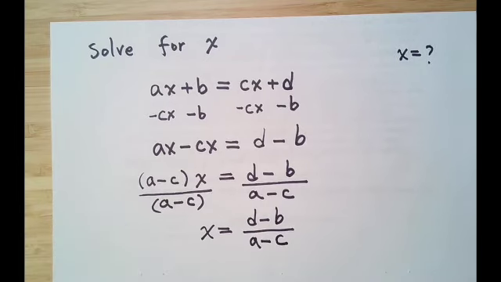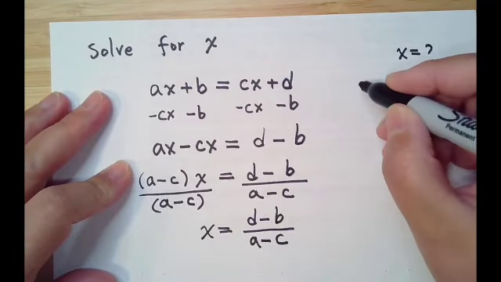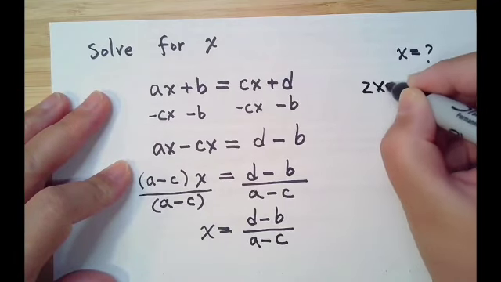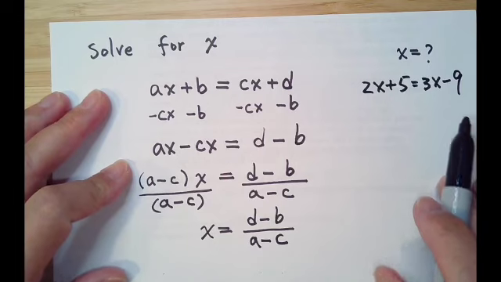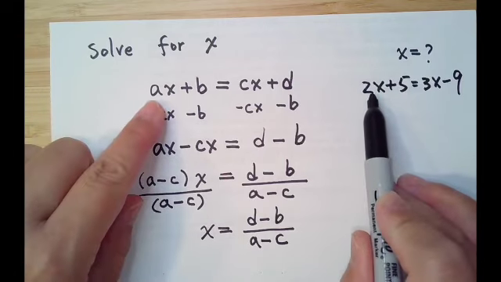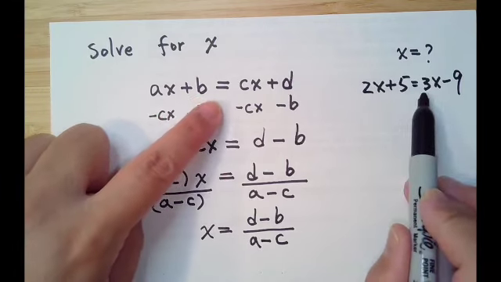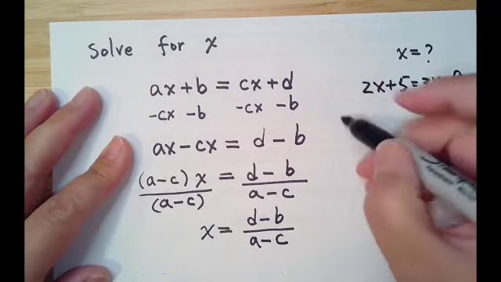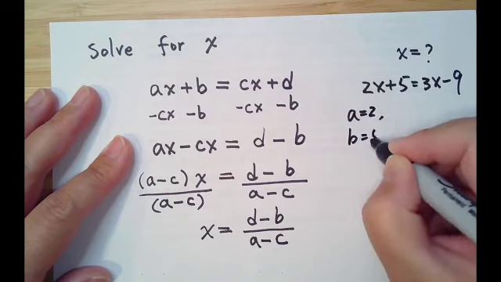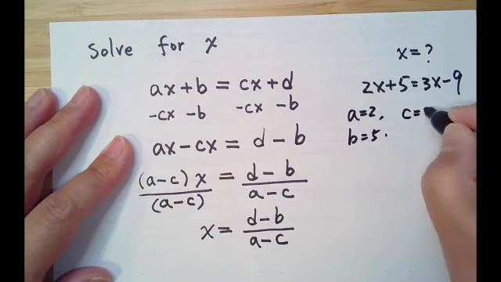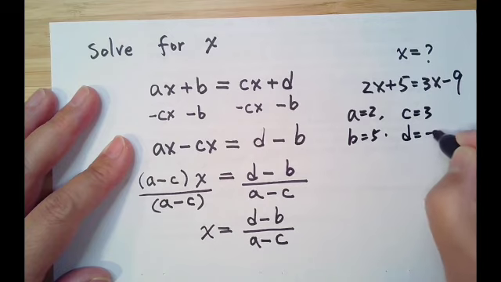You might ask, why do we want to do that? Let me tell you why. If I ask you to solve an equation, 2x plus 5 equals 3x minus 9, for example, that's the same as ax plus b equals cx plus d. In this case, a is 2, b is 5, c is 3, and d is negative 9.